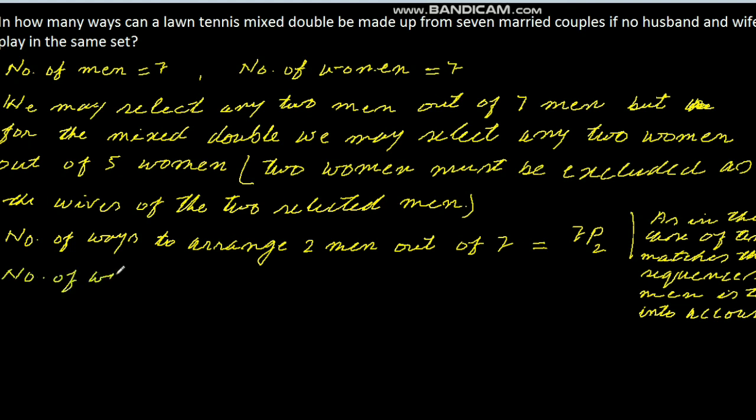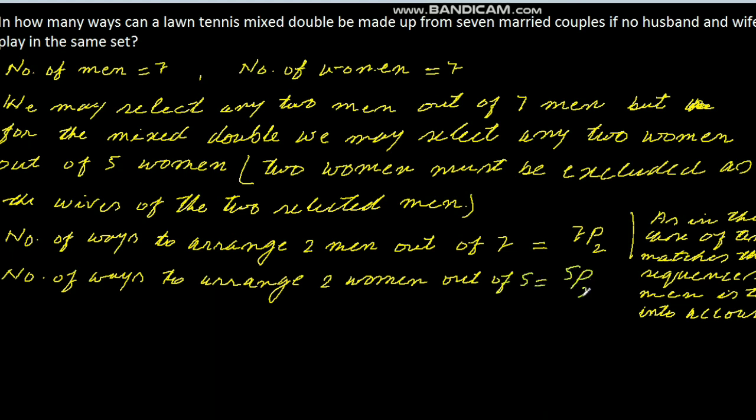And the number of ways to arrange 2 women out of 5 is equal to 5P2.